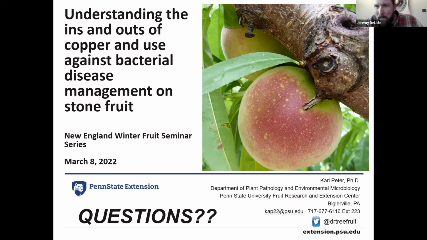Excellent. All right. This next one reads, you spoke about bacterial spot versus peach scab, but what about treatment for peach scab? Is copper not effective? Okay. What I've noticed with copper and fungal diseases is that it depends on the fungal disease. Copper can be a fungicide, but I think you're better off with straight fungicides for peach scab.